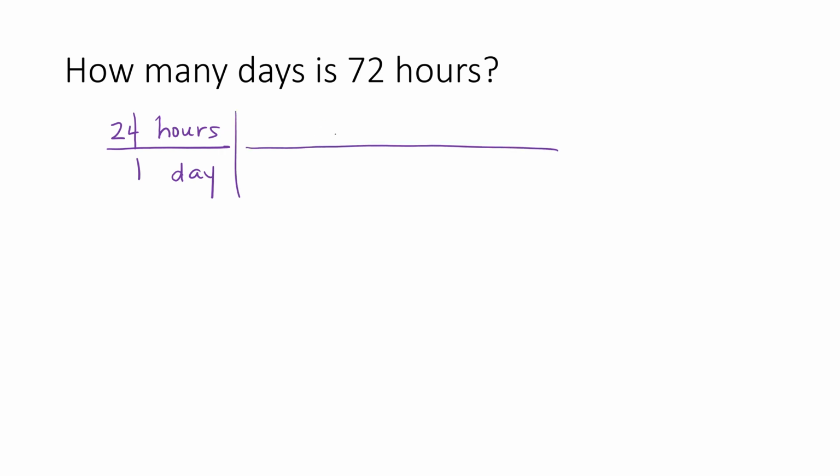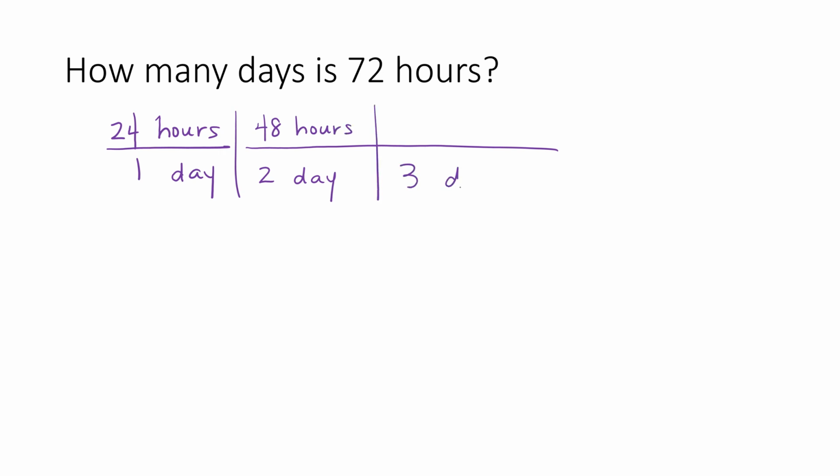How many days is 72 hours? So now, instead of measuring our units in length, we're talking about units of time. And we know that there are 24 hours in 1 day. I'm just going to make a ratio table here using our rate. Well, then in 2 days, there would be 24 times 2 is 48 hours.